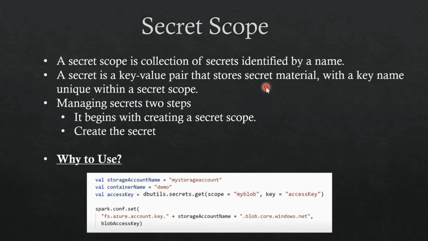credential in your code. So if you look at this particular diagram, you have your account name, you have your container name, and you also have an access key. This access key is a very long key or password that is present in your Azure portal that you copy and paste.